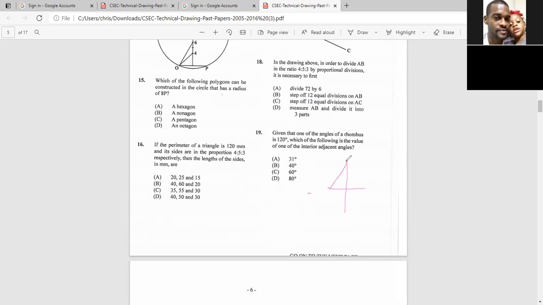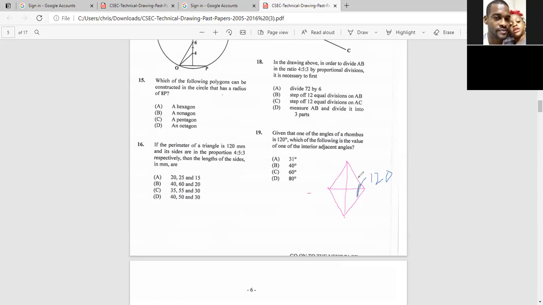It looks something like this. If this angle is 120, obviously it has to be this angle that is 120.